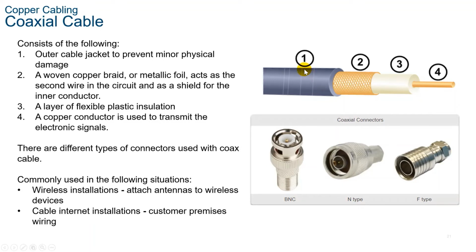Now, on the numbers here in the representation, number 1 is of course the outer jacket. Number 2 here is the braided copper shielding. Number 3 is the plastic insulation, and the fourth one is of course the copper conductor.